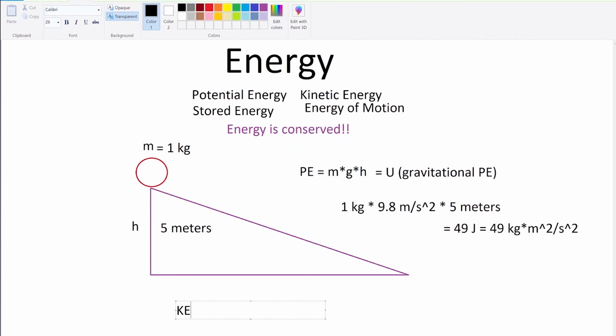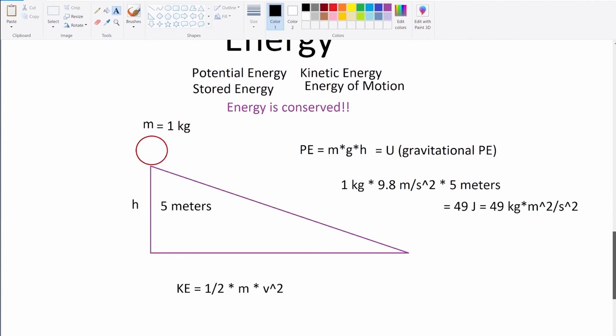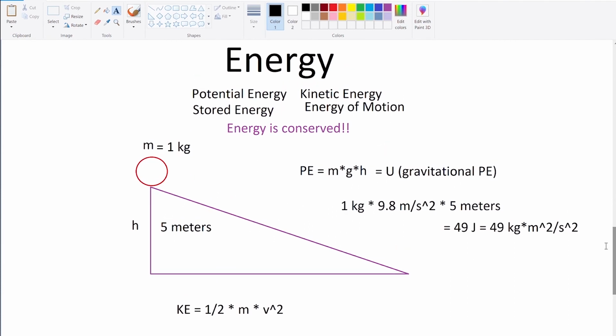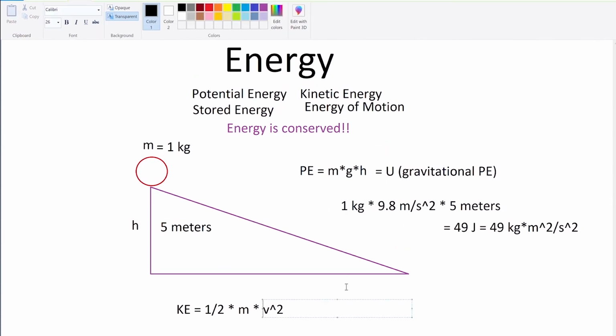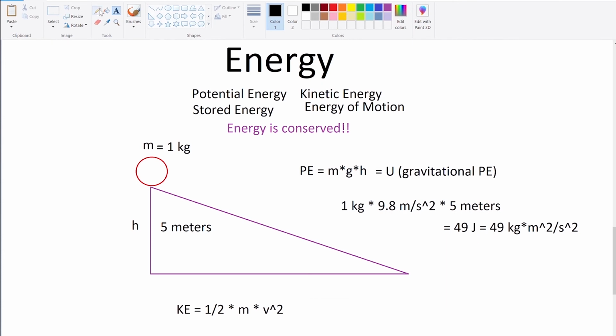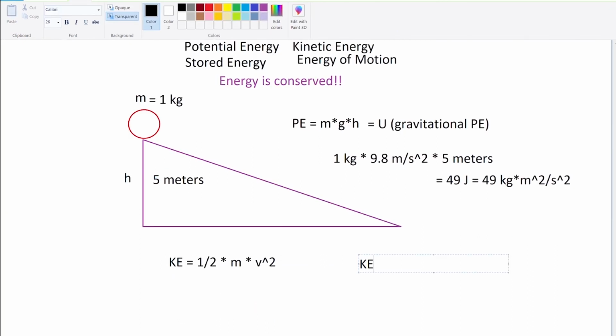The equation for kinetic energy is 1/2 times the mass times velocity squared. So if you wanted to calculate how fast the ball was going, or the velocity, you could calculate that because you already know the total potential energy, which equals the kinetic energy, and you also know the mass of the ball.